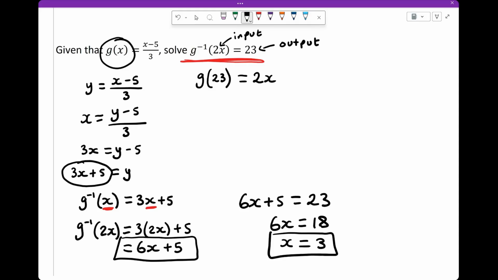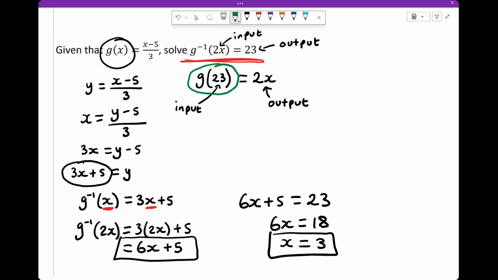Now that we're using g, the 23 is my input rather than my output, and the 2x is my output rather than my input. And this equation would actually be much quicker to solve, because the only function notation I have present in it is the g of 23, which I'm going to need to replace.